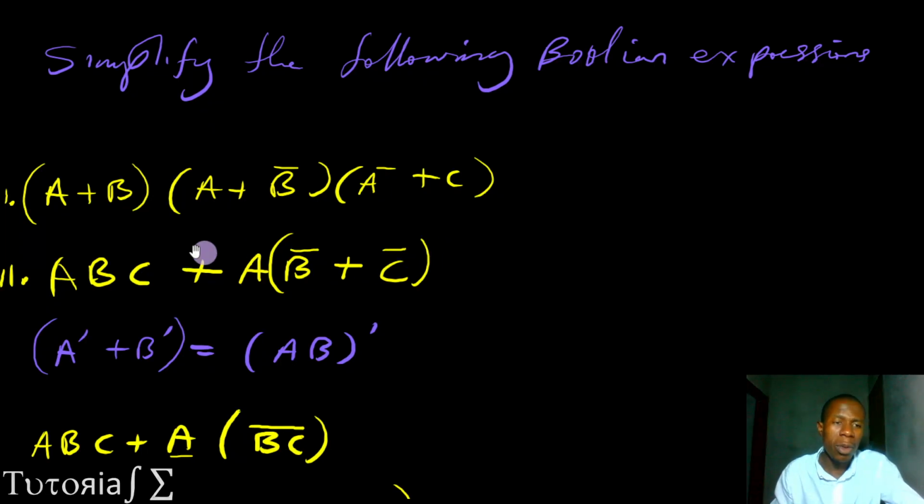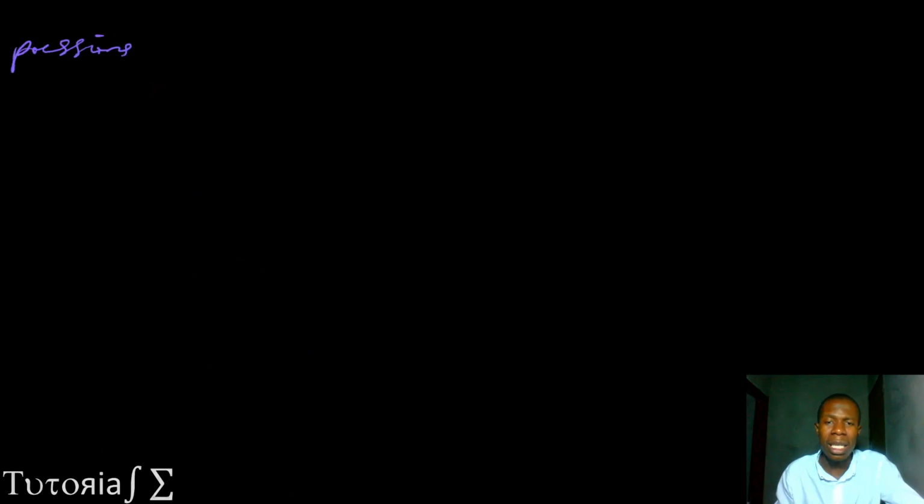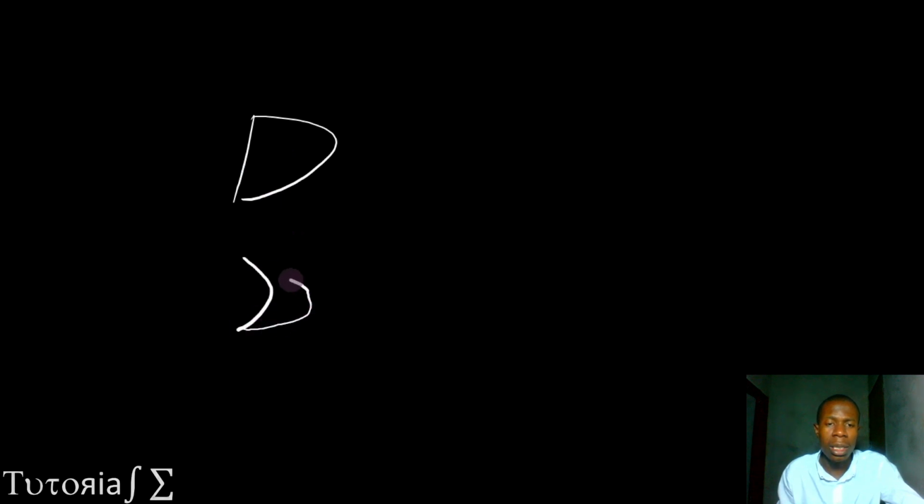Or maybe even before we go to logic gates, let me just illustrate to you how this information can help us solve logic circuits. So maybe we know that there are two circuits. This is called the AND gate, and this is called the OR gate.